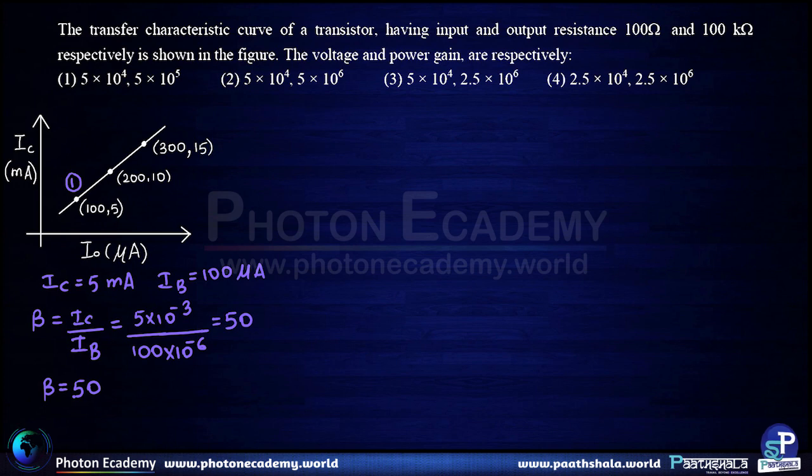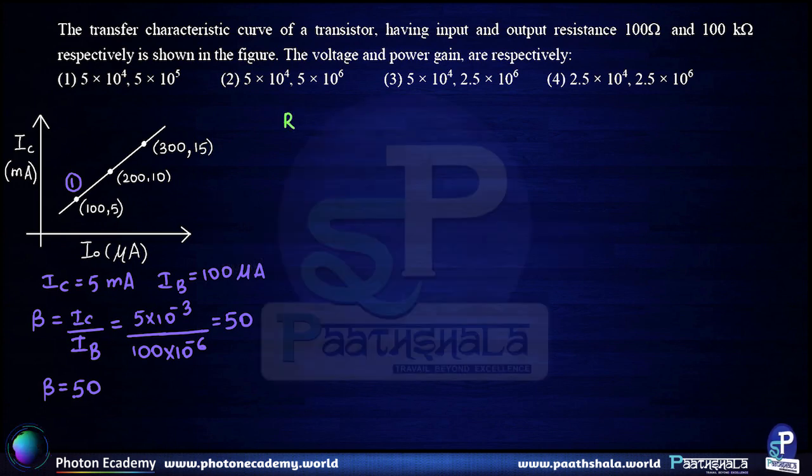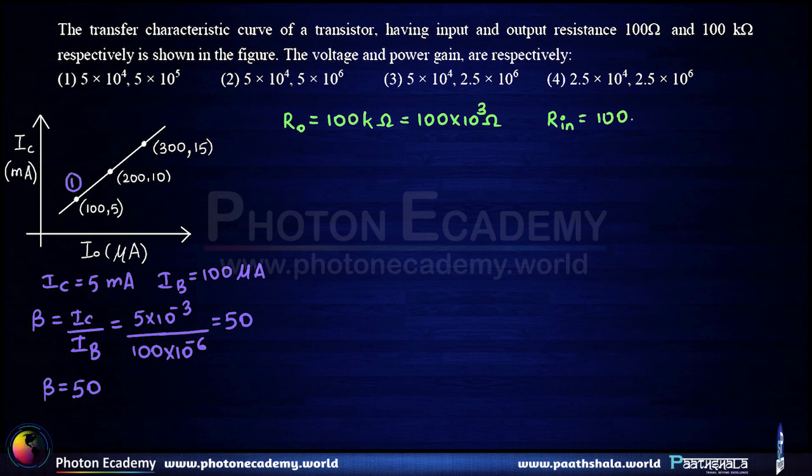Now it is given that the output resistance R0 is 100 kilo ohms, which is 100 into 10 to the power 3 ohms, and the input resistance Rin is 100 ohms.